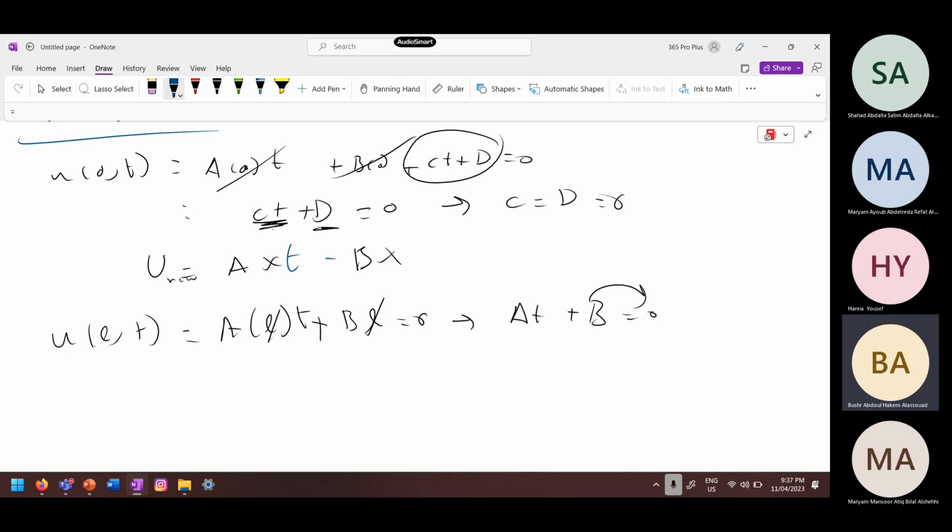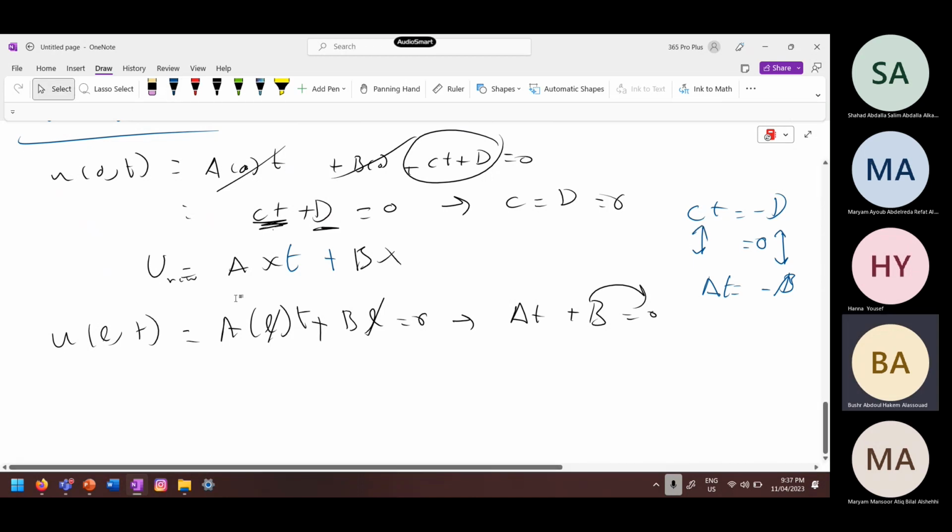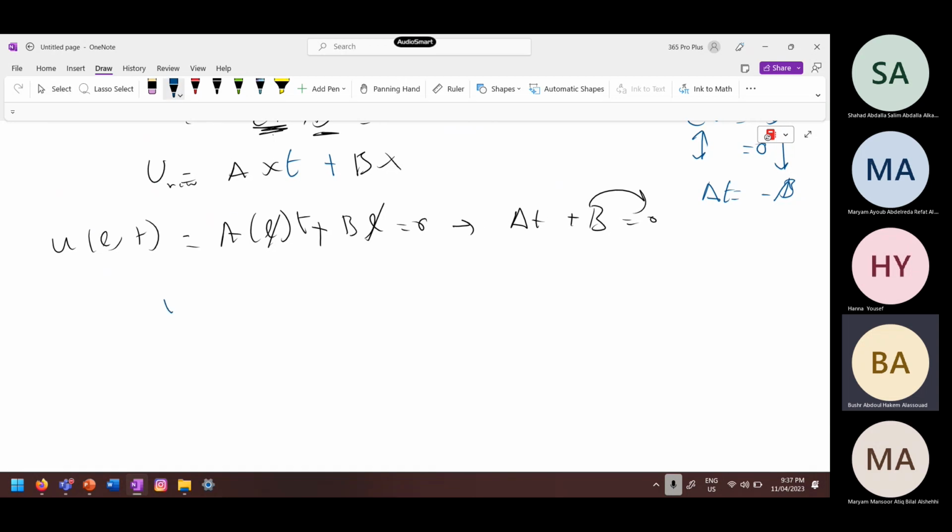Okay, this is a t and this is a plus. It cannot be: A t is equal to negative B, and you cannot have a Ct equal to negative D. The only case where you can have them is when C and A, D and B are all equal to 0. So when A, B, C, D are all equal to 0, this gives you that u of x and t is equal to 0. It doesn't make sense that you work through all this and eventually end up with a 0. This is unacceptable. So you reject this solution.